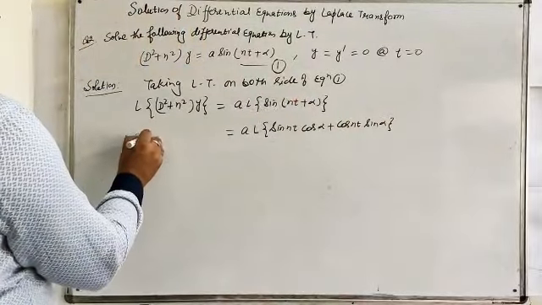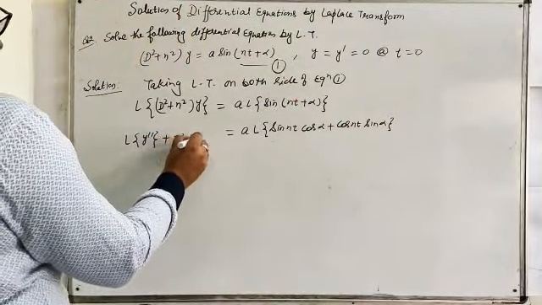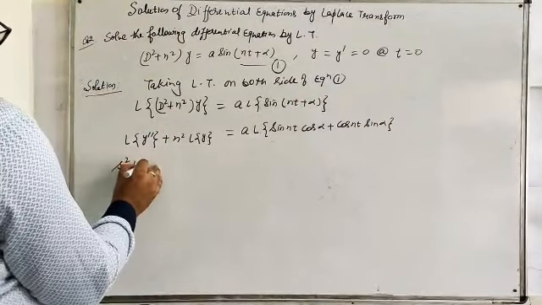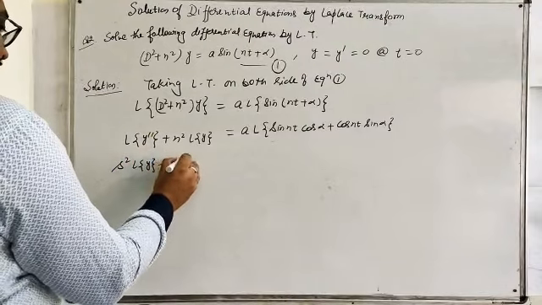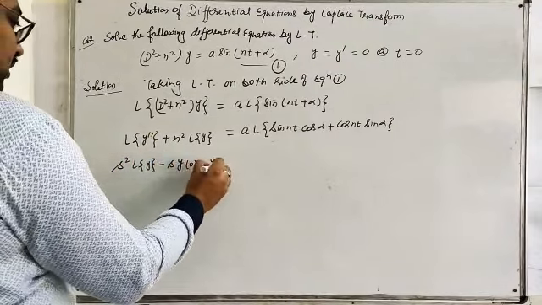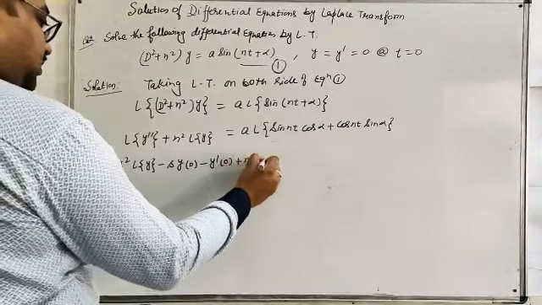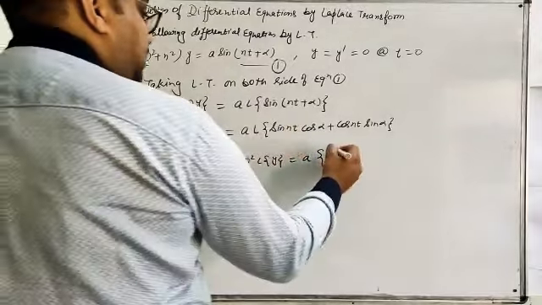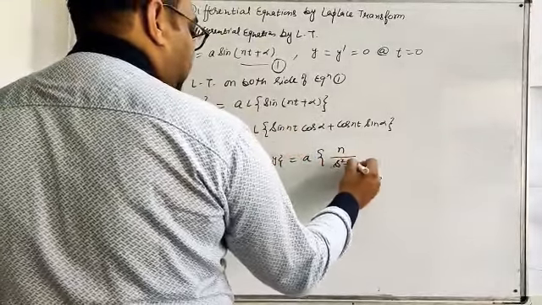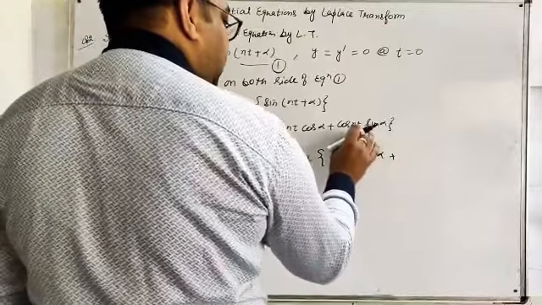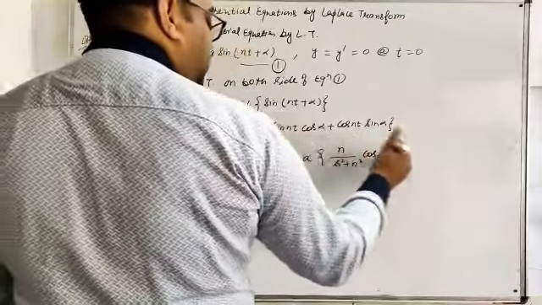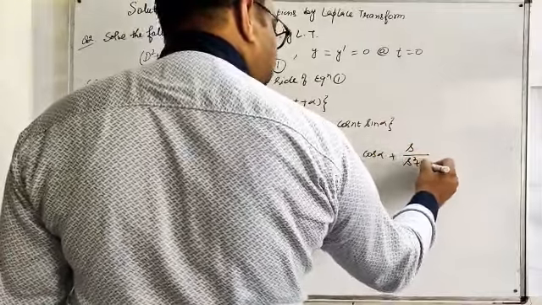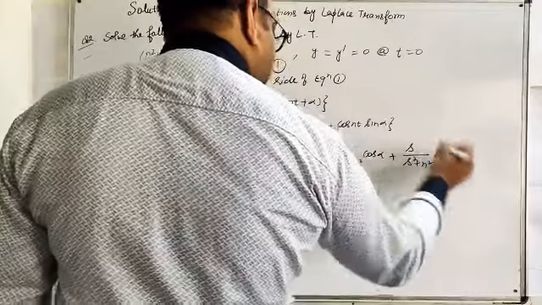Here Laplace of y double dash plus n square Laplace of y. Laplace of y double dash is s square Laplace of y minus s y0 minus y dash 0, plus n square Laplace of y is equal to a times Laplace of sin nt, which is n upon s square plus n square, cos alpha is a constant, and Laplace of cos nt is s upon s square plus n square, and sin alpha is a constant.